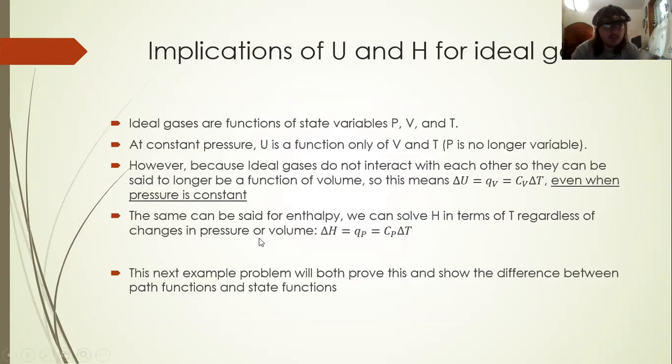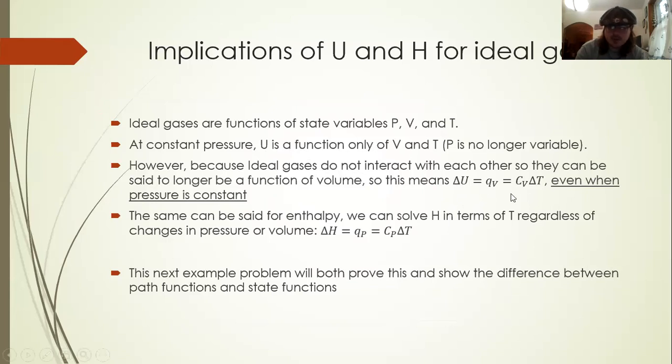Now, there are some implications here. Since ideal gases are functions of state variables, at a constant pressure U is a function only of V and T, because pressure is no longer available. Since ideal gases do not interact with each other, U is no longer a function of volume, so internal energy can be just a function of heat flow.